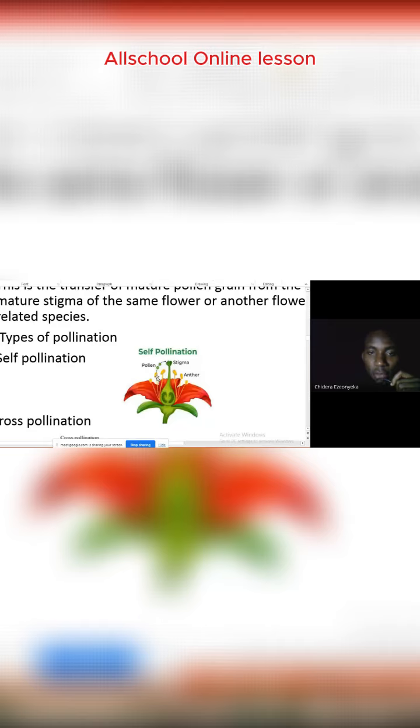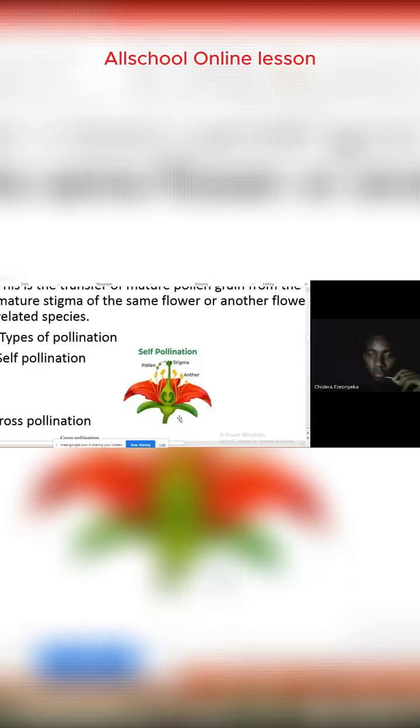When there is a transfer of pollen grain from the anther to the stigma of the same flower, there are droppings of these grains, resulting in the formation of new offspring of the same species from those pollen grains that are matured and transferred from the anther to the stigma, where they properly get fertilized, drop, and then mature.